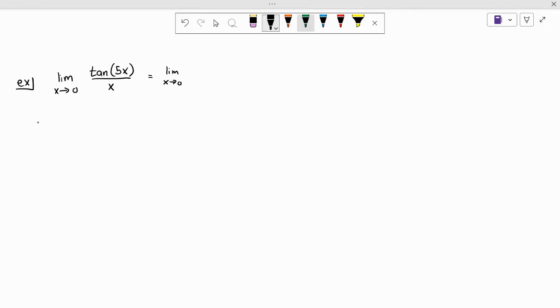Well, if we realize tangent is sine divided by cosine, we could rewrite this as sine of 5x divided by cosine of 5x, that's our tangent, times x.